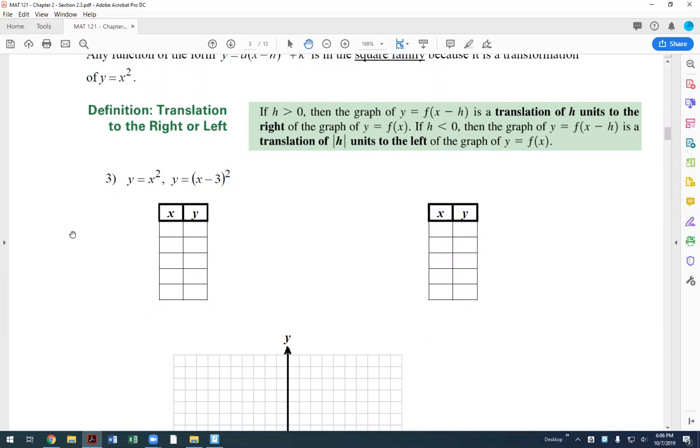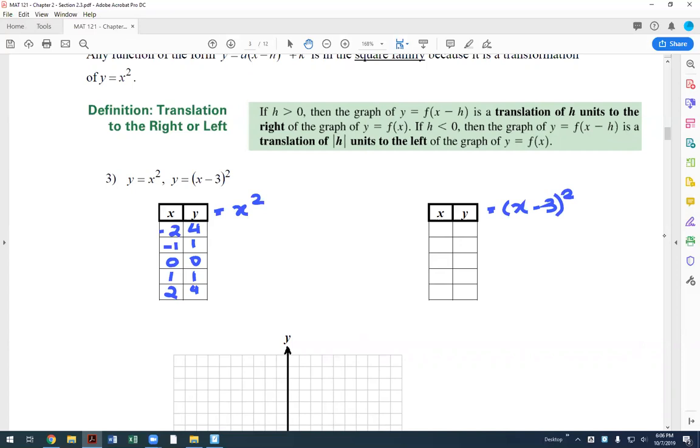So let's see what happens when we graph these functions and what does our graph end up looking like. So we're still using the x square function, which means you can use the same values that we did in the previous example. And then this table can be for the x minus 3 squared.